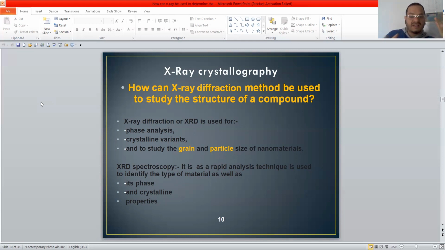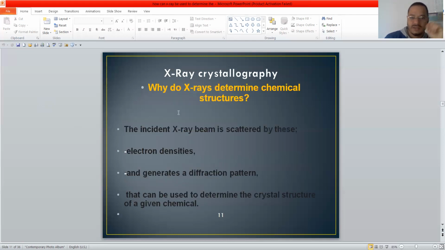It's a faster analysis technique used to know the type of material, its phase, crystalline structure, and properties.